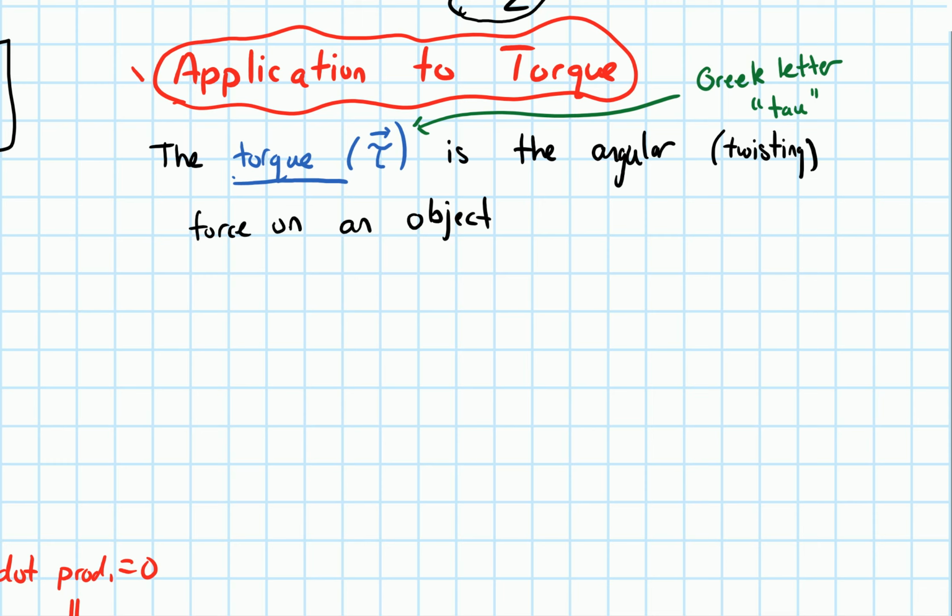Alright, so I'm going to draw an image. Let's say that we have a bolt. Okay, so here is a bolt. And then I'm going to draw a wrench. I'm going to do my best to draw it.